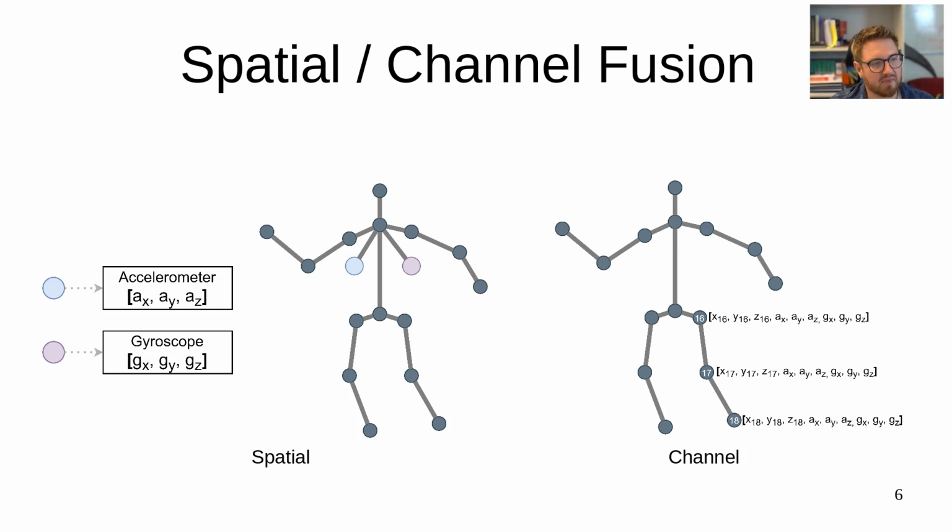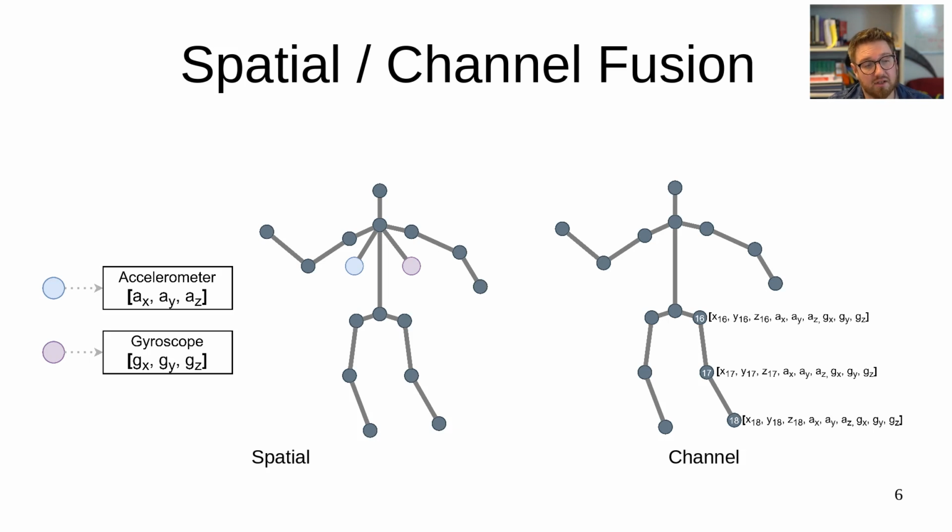So we propose to fuse additional modalities on two dimensionality levels, namely the spatial and the channel dimension. By spatial we mean that additional nodes are incorporated into an already existing skeleton graph by introducing new nodes. For instance, here we show how to incorporate additional nodes for the accelerometer measurement and the gyroscope measurement on a central node.